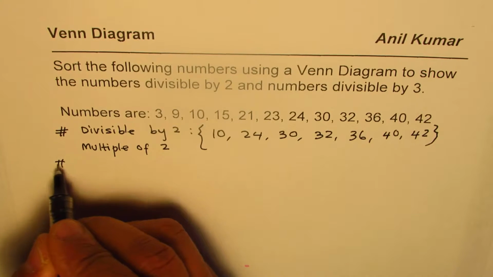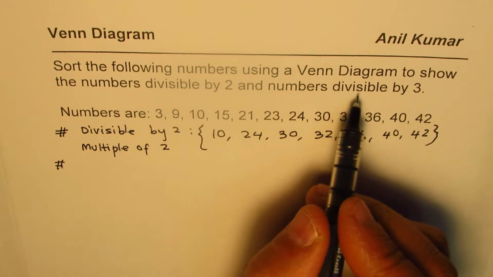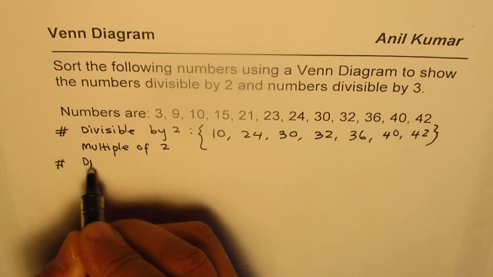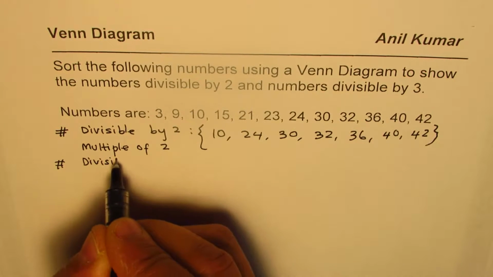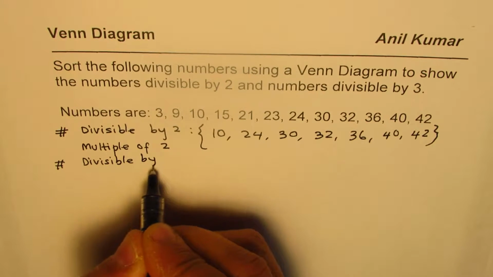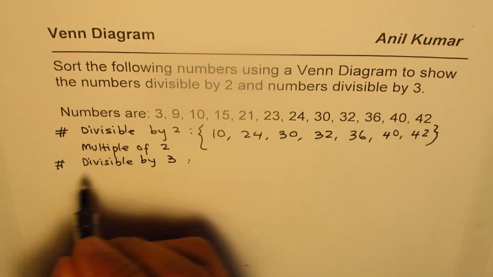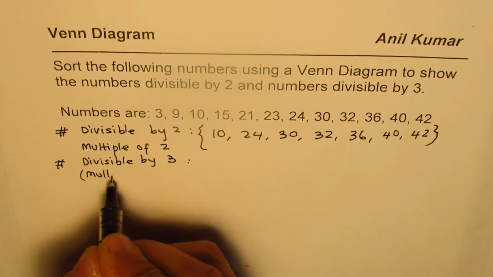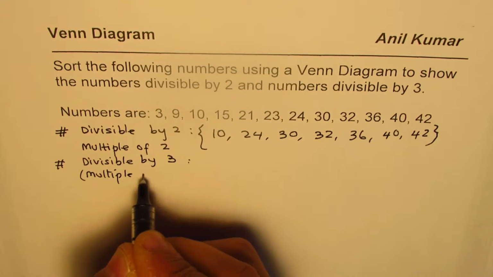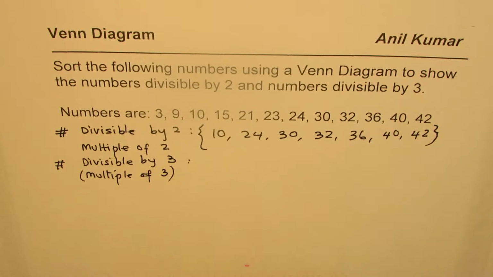The second list of numbers is those which are divisible by 3. So we write now what is divisible by 3. As you understand, it is also multiple of 3. Is that okay? Divisibility and multiplicity is kind of similar. They are very much related, right?